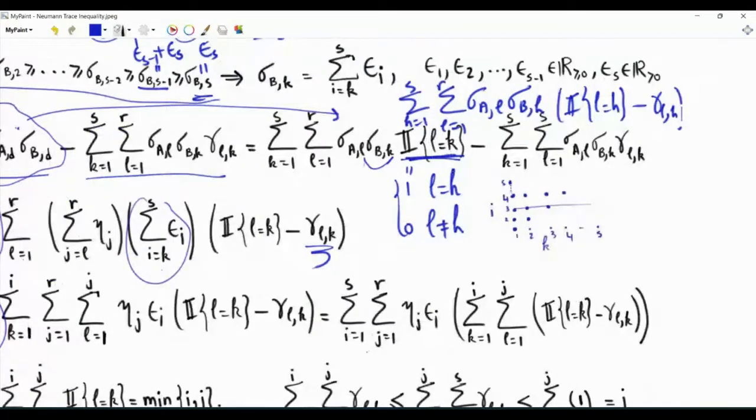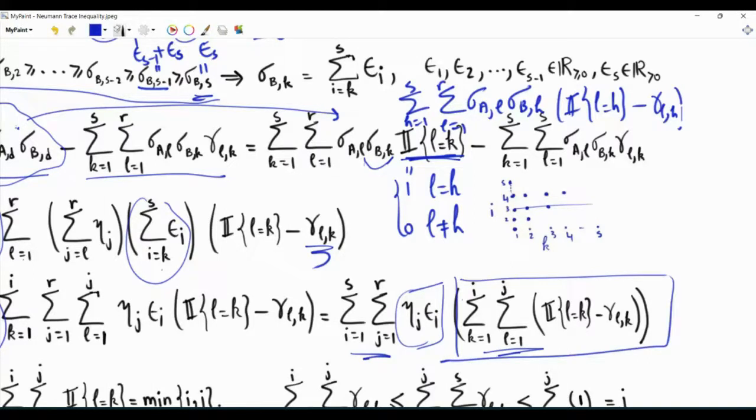Okay, so we have basically a double sum. And those terms, eta J and epsilon I, do not depend on the indices K and L. So we can just put them separately here, and then we have a double sum with the indices K and L. We are done if we show that this quantity is non-negative, because eta J is non-negative and epsilon I is non-negative.